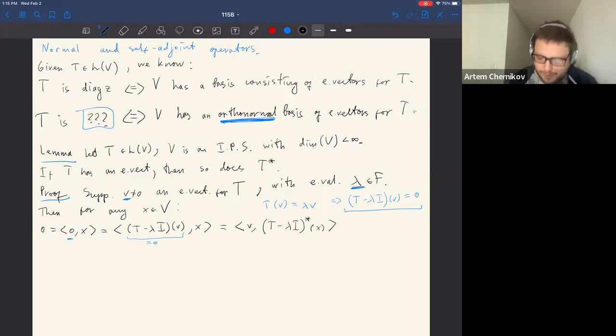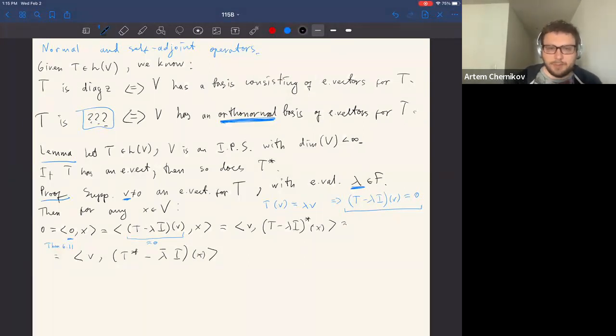And by what we just discussed, theorem 6.11 that we just stated, we just use these properties. So this is going to be the same as the inner product of v with (T star minus lambda complex conjugate times I) applied to x, because the adjoint of I is I, right?